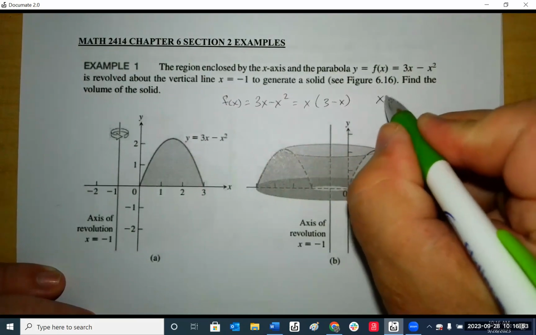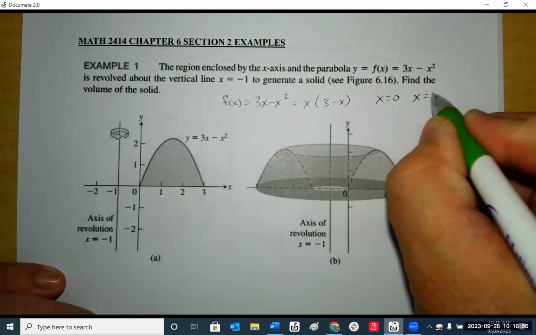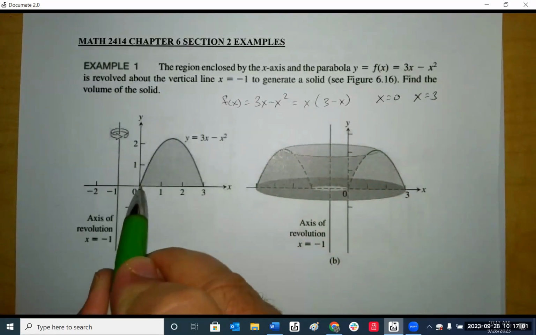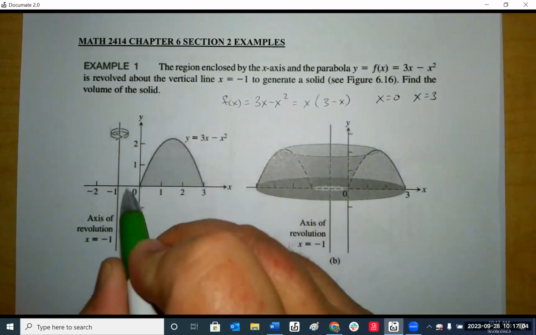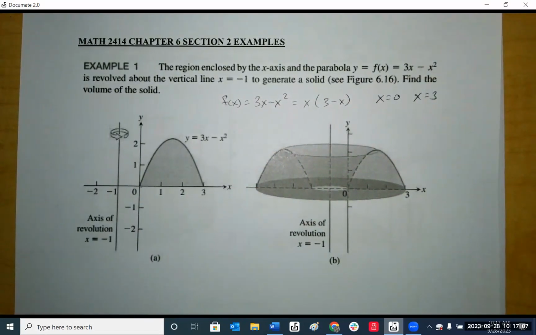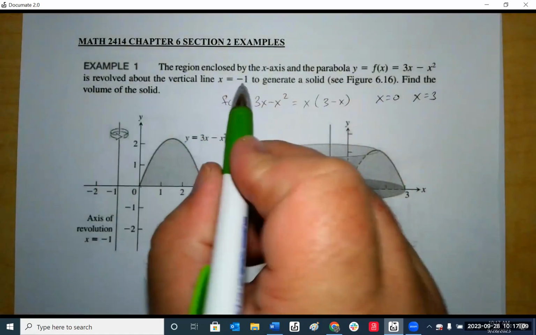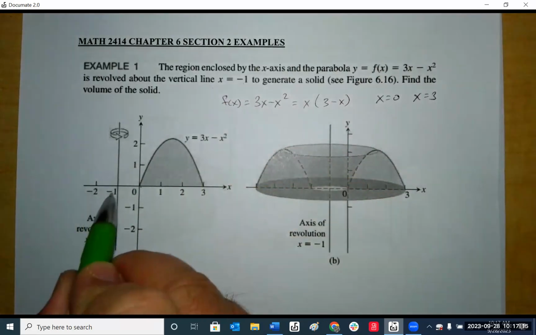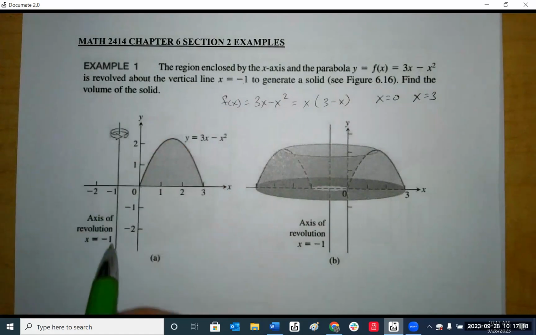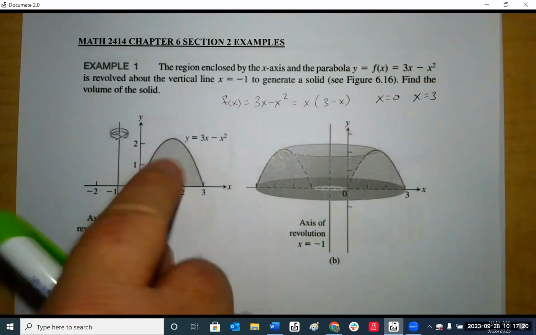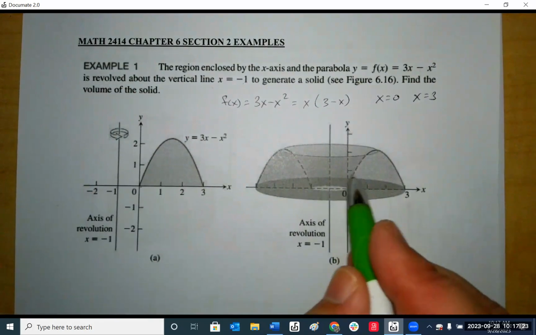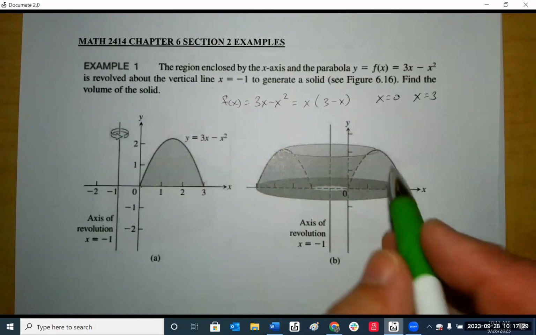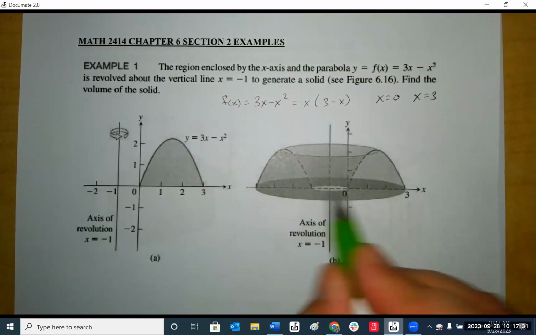So our zeros are at 0 and 3, and the parabola opens down. So it looks like this. The intercepts are at 0 and 3, and the function's down. What if we revolve it around the line x equals -1? This is our axis of rotation. So this now spins around, and it looks like a bundt cake. We want to know the volume of this entire object.